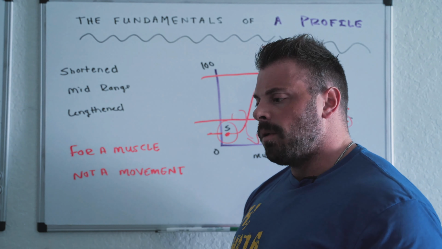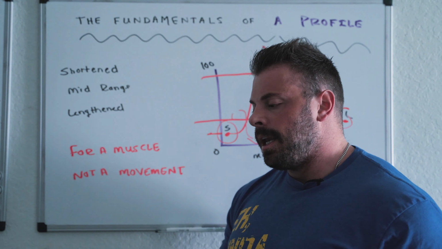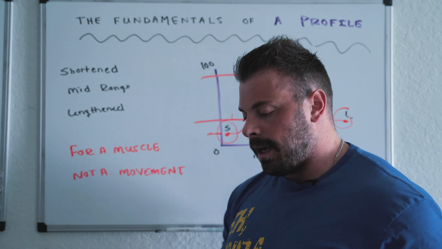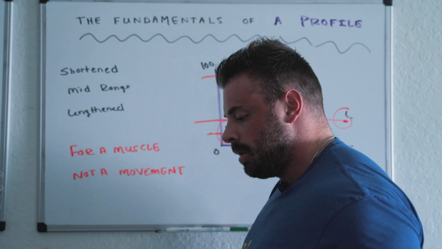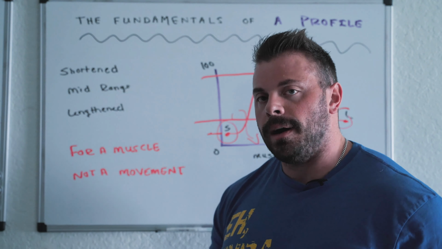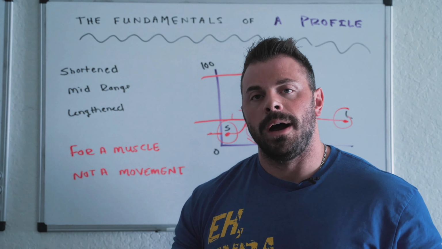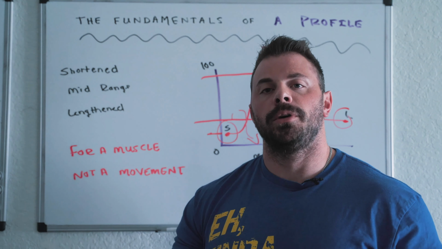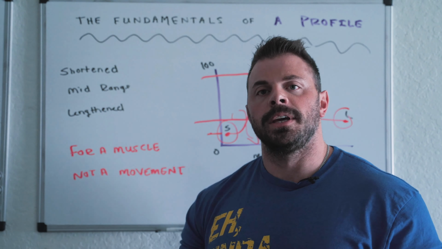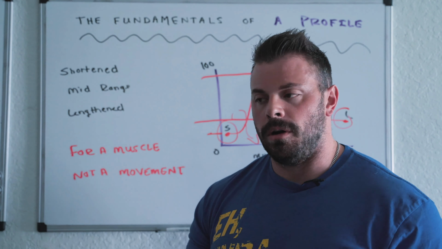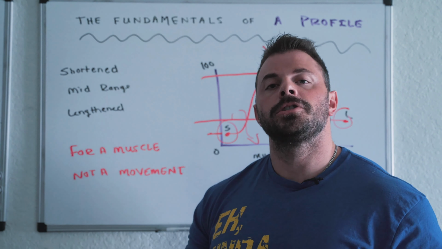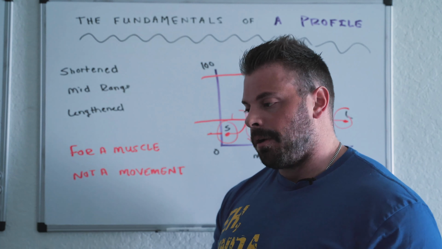However, if I go into the cable and get myself into a drag cable curl, I can manipulate that profile to be hardest where my biceps are actually able to produce their most force, where they're most strong. So where are they most strong? They're strongest in the middle of their range of motion.